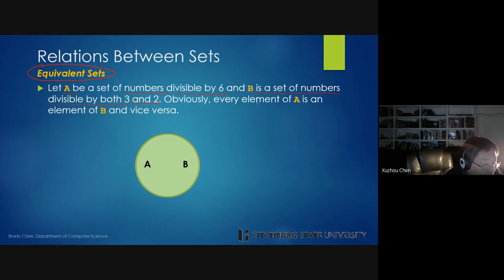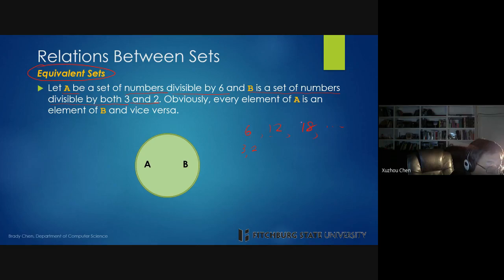For example, a number which is divisible by 6 could be 6, right? Could be 12. Could be 18. These are the numbers that are divisible by 6 because they are multiples of 6. If the number can be divided by 6, that means the number can also be divided by 3, and by 2.